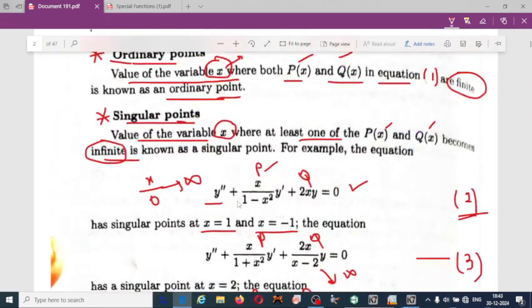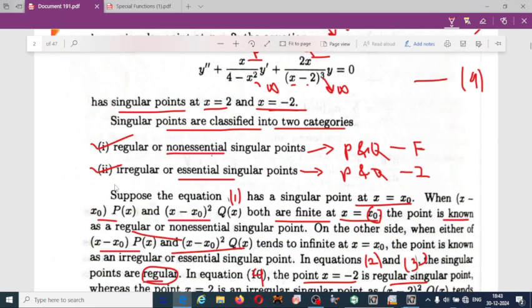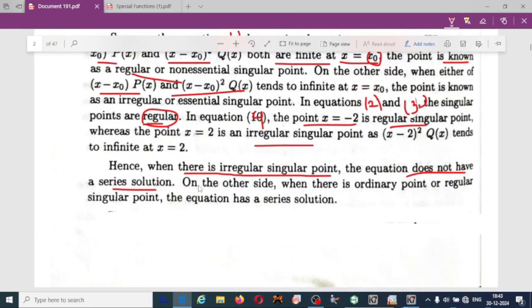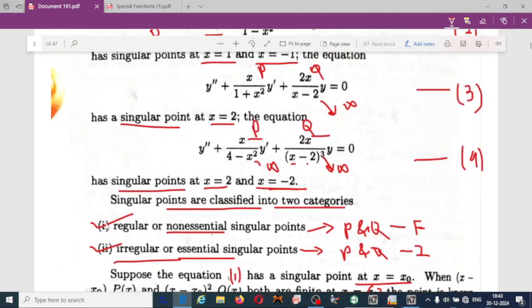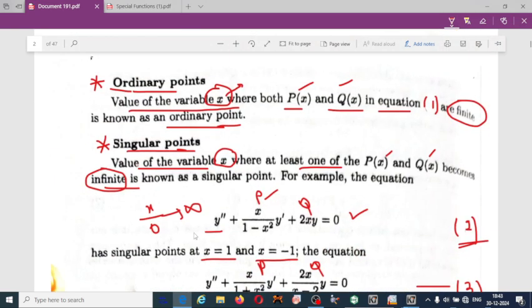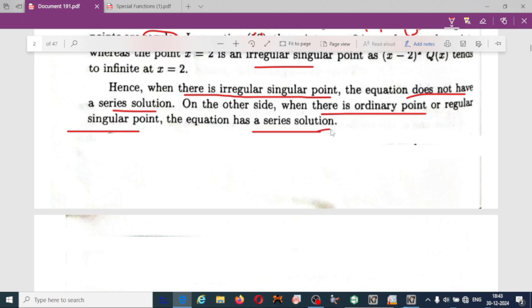From these examples, we can say that when there is an irregular singular point, the equation doesn't have a series solution. On the other hand, when there is an ordinary or regular singular point, the equation has a series solution. So whether it is a regular singular point or ordinary, we can have the series solution for that.